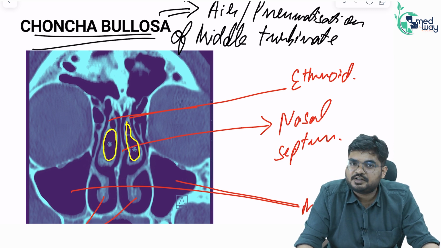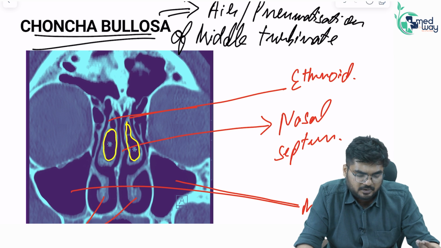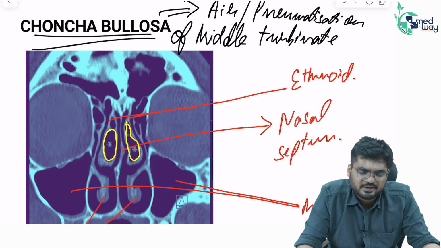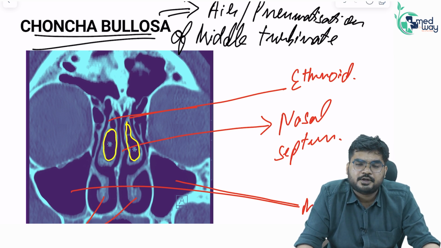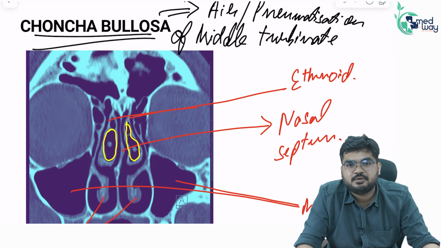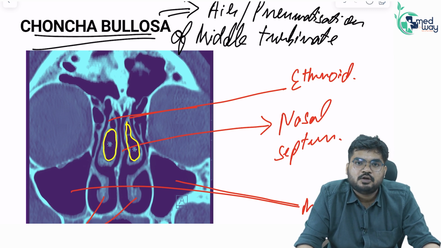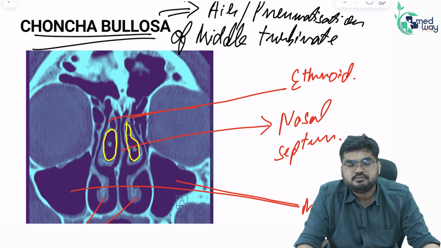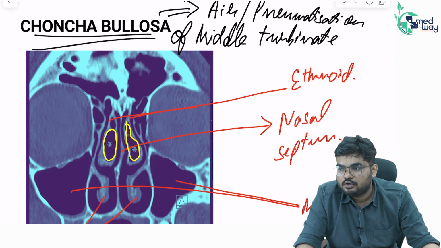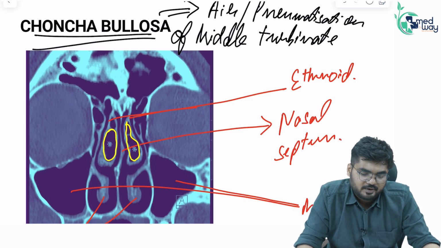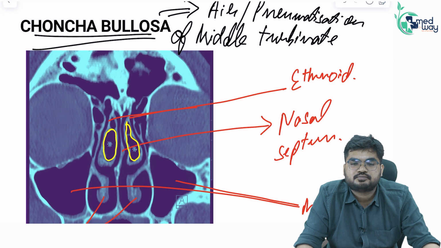When we do a CT scan, okay, sir, you are having concha bullosa. What should we do? We'll do surgery. What surgery? I'll explain later. That is FES surgery. But first of all, you have to identify what is concha bullosa. Pneumatization of the middle turbinate, or air inside the middle turbinate, is called concha bullosa. Remember this fact. Concha bullosa is very important for you all.